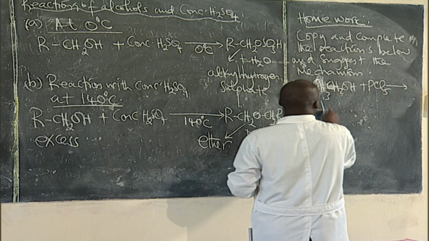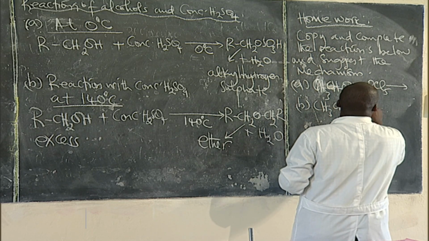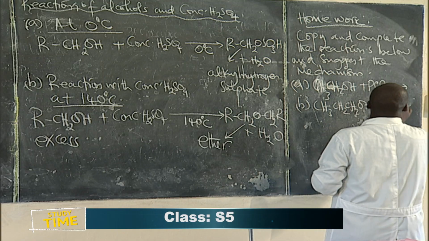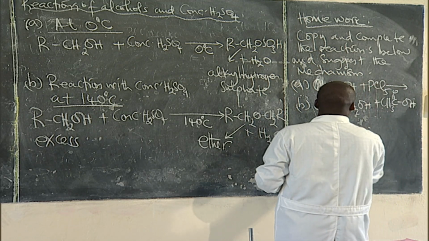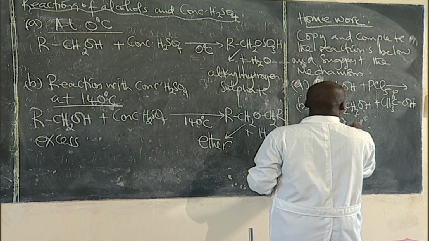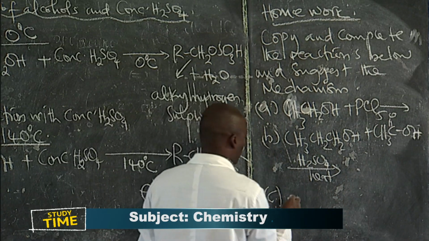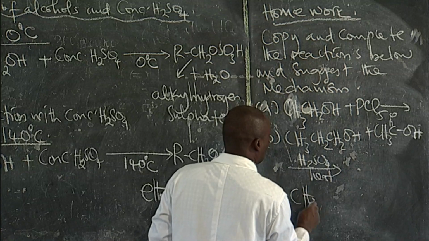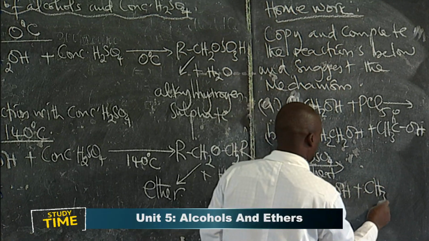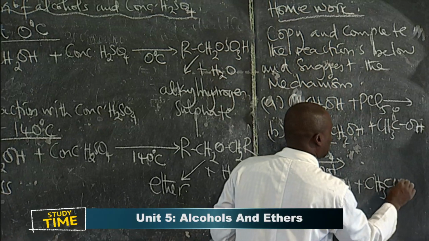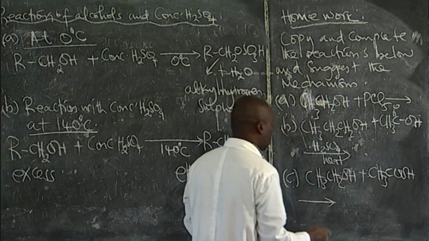B, CH3CH2OH plus CH3, this is a carboxylic acid, in the presence of concentrated sulfuric acid and heat. And C, CH2OH plus CH3COOH, the same reaction.